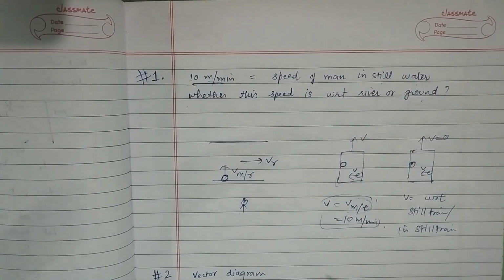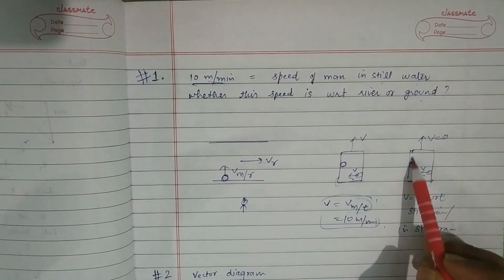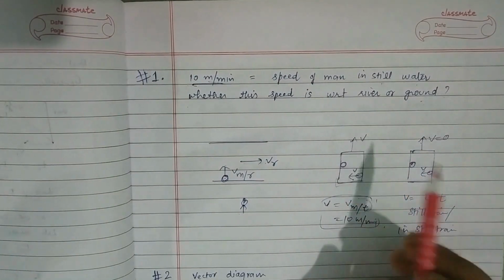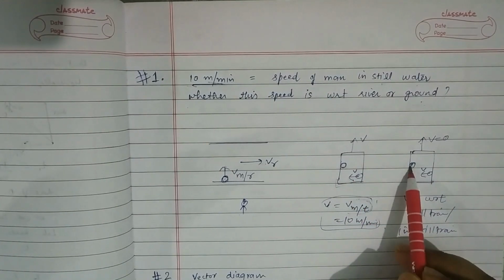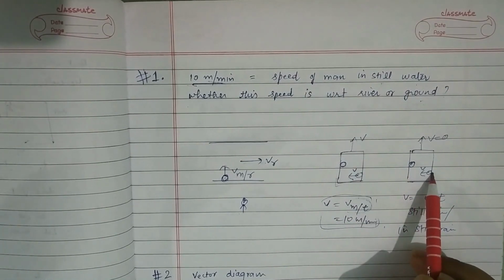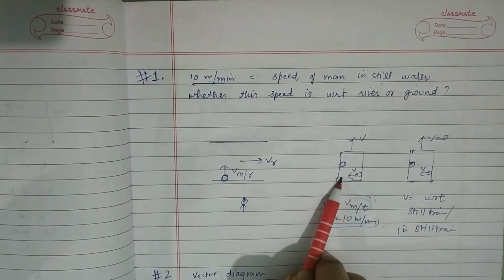To understand that, let's consider a similar problem, that is the train. So we have two trains. One train is not moving at all and the other is moving with some velocity. There are two passengers in both of them. One passenger is sitting and the other passenger is trying to cross the train from one end to the other.